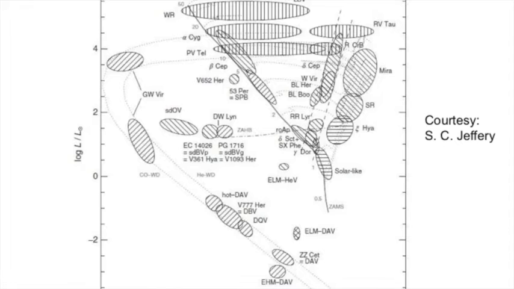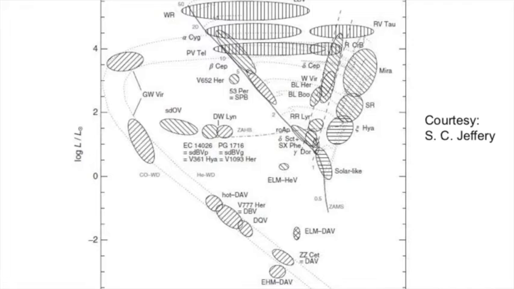And this shows why. This is an HR diagram, and each of these little spots that people in the back probably can't read at all are different kinds of pulsating star that are now recognized. We have the classical instability strip from the Cepheids, the RR Lyrae stars, the Delta Scuti and SX Phoenicis variables.